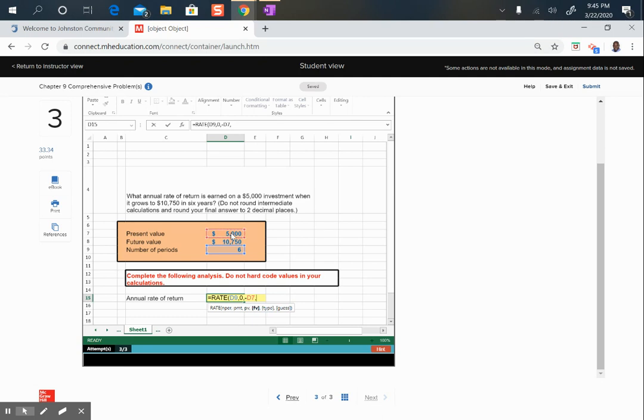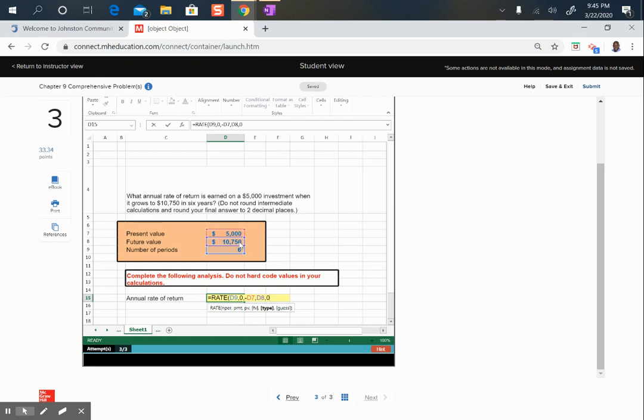And then the future value is 10,750. And then the type, by default, is 0, assuming the payments come towards the end of the period. Otherwise we have to put 1 there.